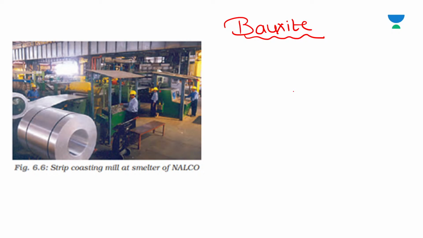Inorganic chemicals include sulfuric acid used to manufacture fertilizers, synthetic fibers, plastics, adhesives, paints, dye stuff.